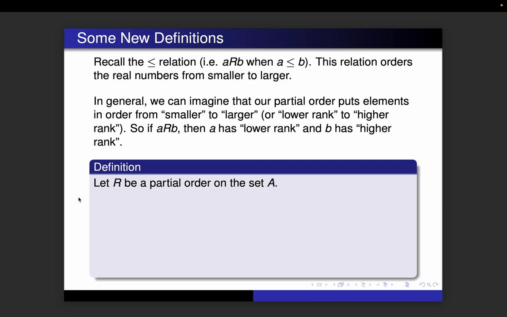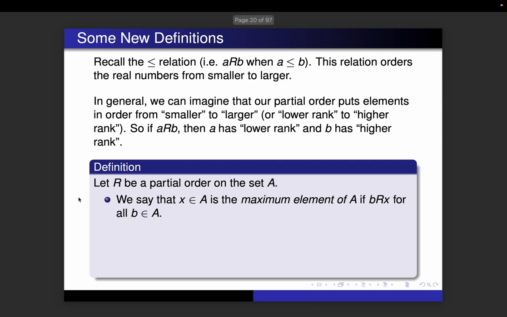So if R is a partial order on the set A, we say that X in A is a maximum element of A if B is related to X for all B in A. So this tells us that X has higher rank than every single element in the partially ordered set.